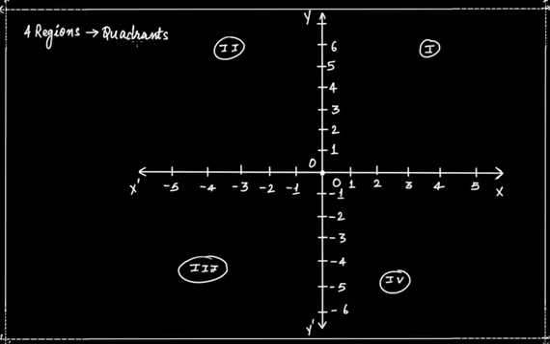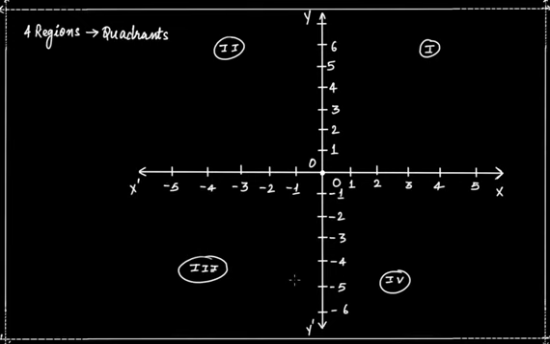What do we mean by quadrants? A region is divided into four parts. So this plane has been divided into four regions, and the regions are called quadrants: first quadrant, second quadrant, third quadrant, fourth quadrant. We are moving in the anti-clockwise direction: 1, 2, 3, and 4.